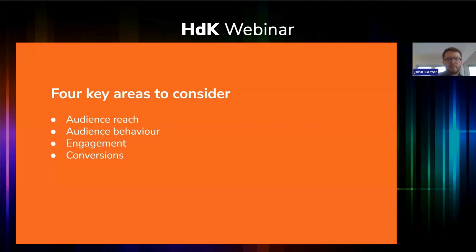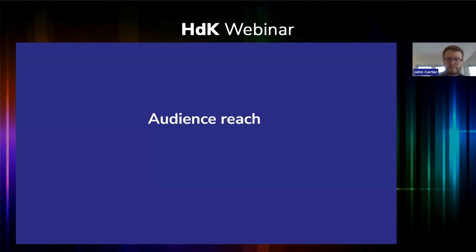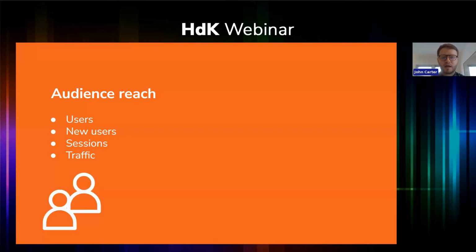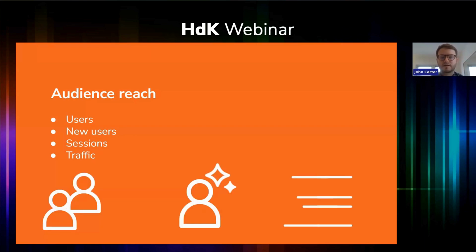Audience reach broadly asks, how many users are visiting your site and what demographics are they part of? The 4 metrics, or the 4 events, that are being recorded within Google Analytics are users, new users, sessions, and traffic. Google does make the distinction between returning users and those that it considers new.